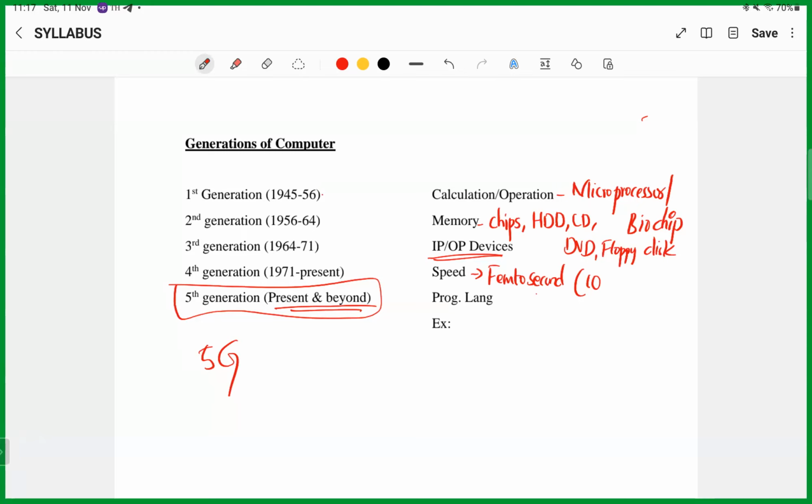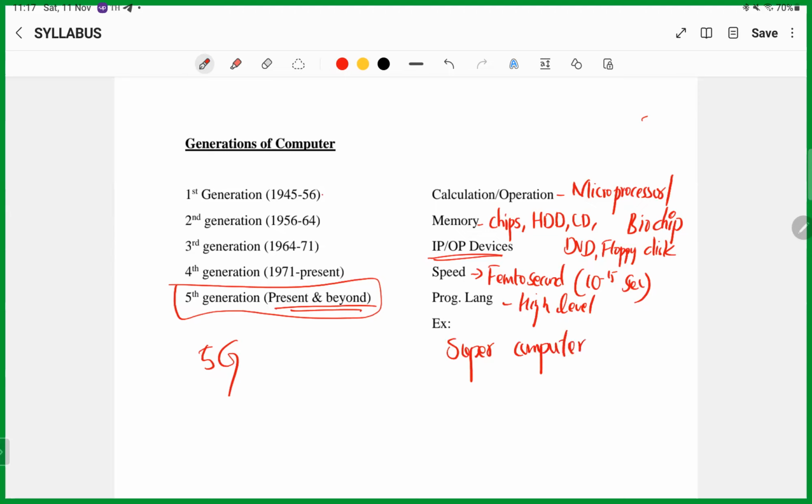Hopefully you're there in the class. Minus 15. 10 to the power minus 15 seconds. Programming language, again, is high level. All the C programming and all those are being used. We don't mention a specific example, but we call the new system that is introduced a supercomputer.